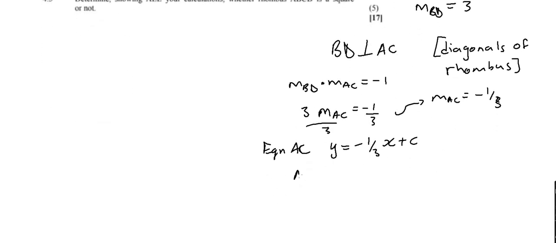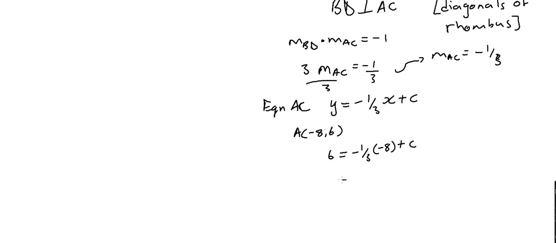So A has coordinates -8 and 6, right? We substitute these points. Where there is y, we put a 6; -1 over 3, where there is x, we put a -8. So this is plus c. This will give us an 8 over 3.